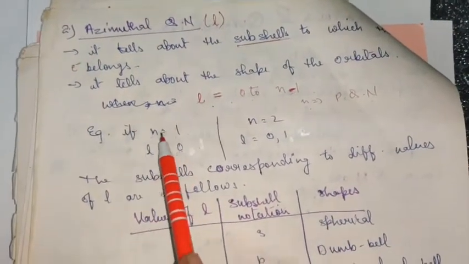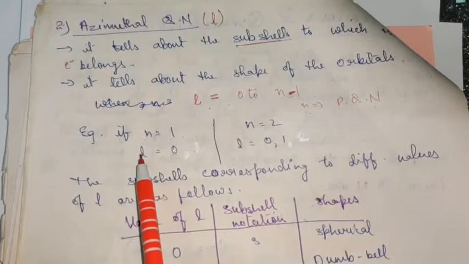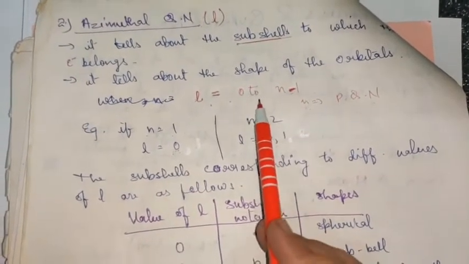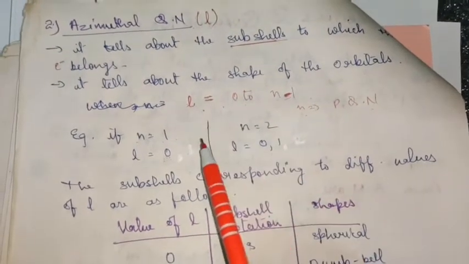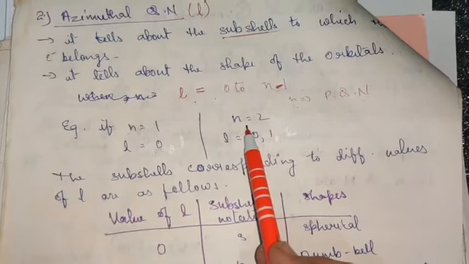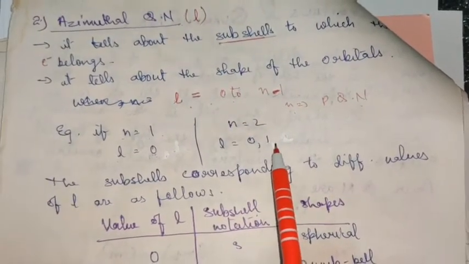If n is equal to 1, then what are the possible values of L? L will be equal to 0, because it begins from 0. 0 to n minus 1 means 1 minus 1, which is 0 only. Now if n is equal to 2, the possible values are 0, 1.